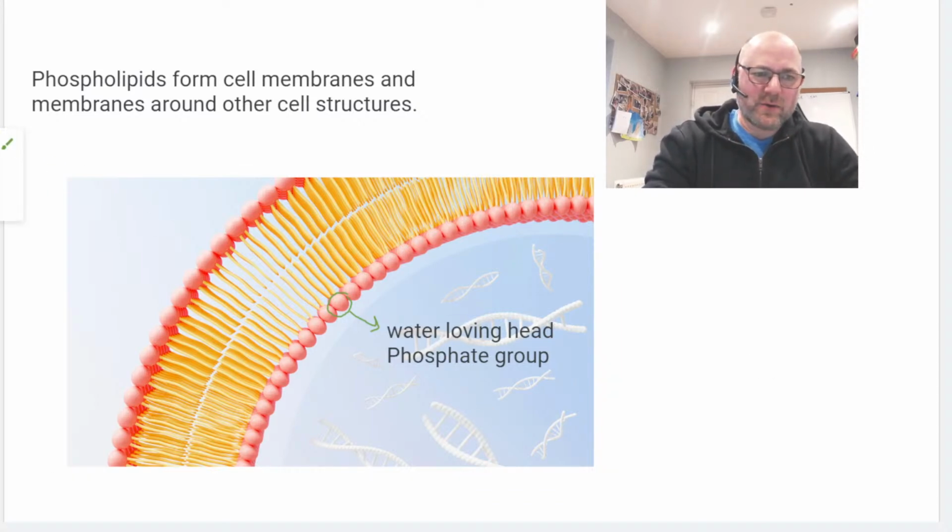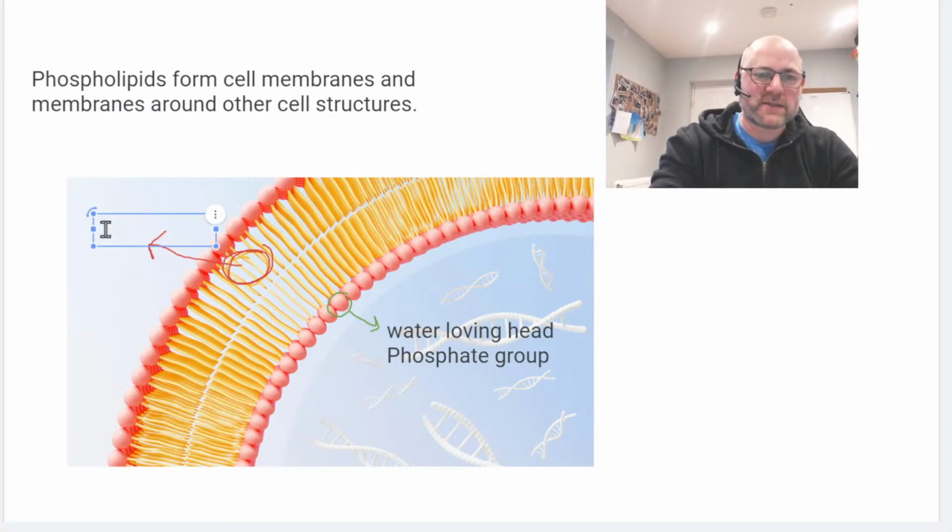And the tails hate water. Even the mitochondria have a membrane like this, and chloroplasts. Some have a double membrane even, so they've got 2 membranes around them.